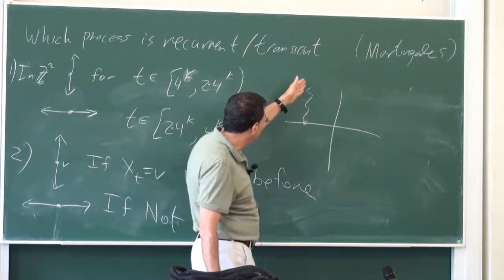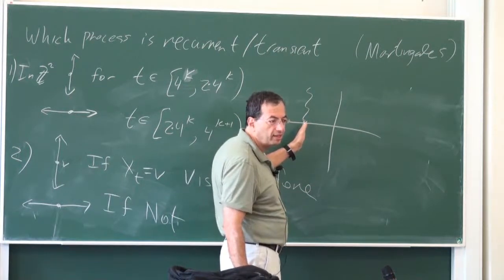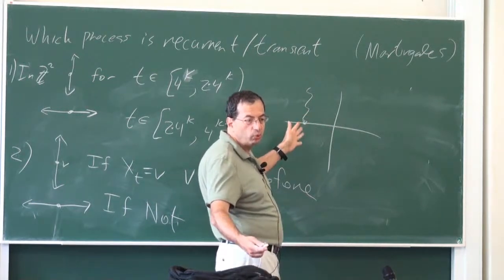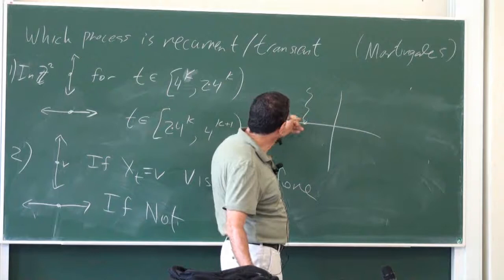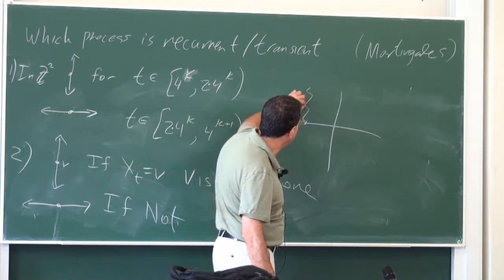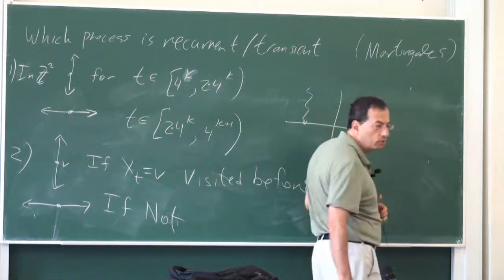So the chance that in this round of vertical steps, we reach exactly the x-axis is 1 over square root of 4 to the k, approximately, right? So about 1 over 2 to the k. So it's a very small chance that at the end of this round, we reach the x-axis. And if we didn't, then all the horizontal moves we make won't bring us back to the origin.